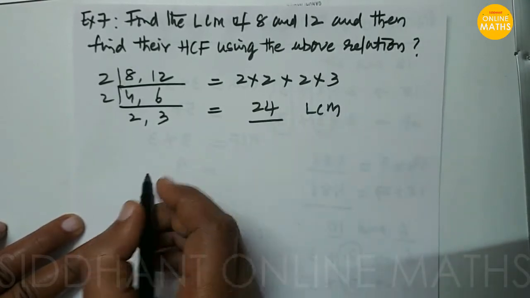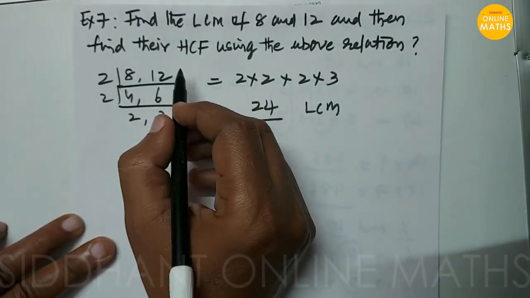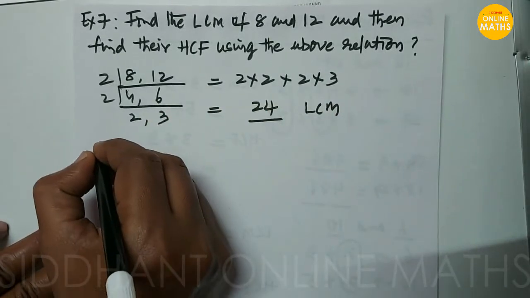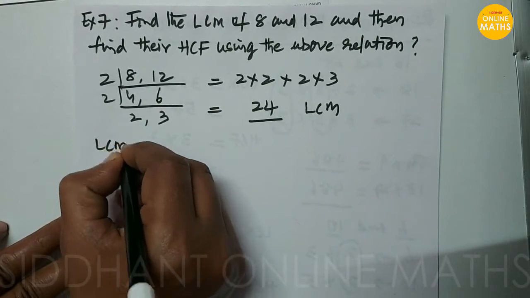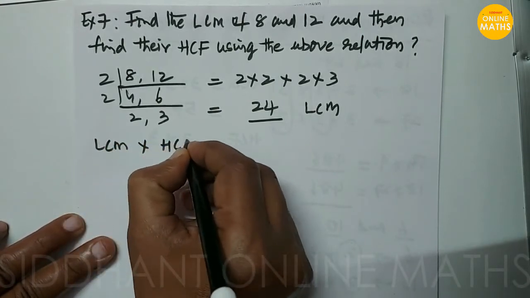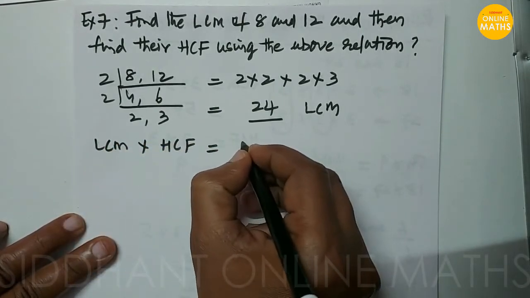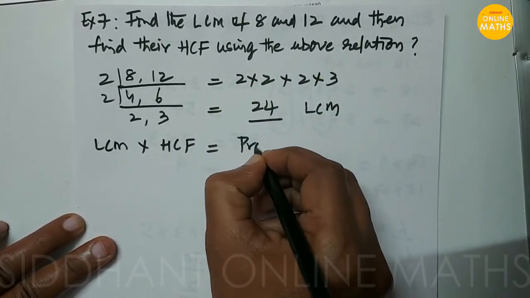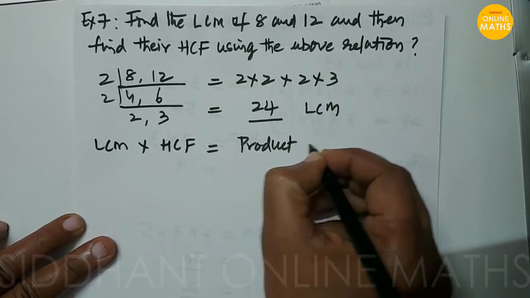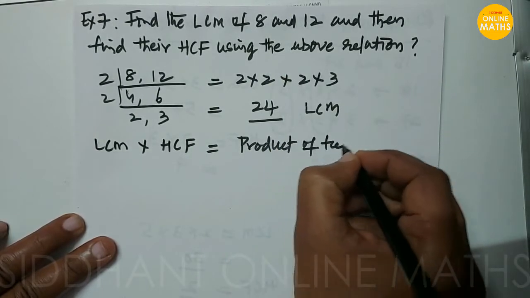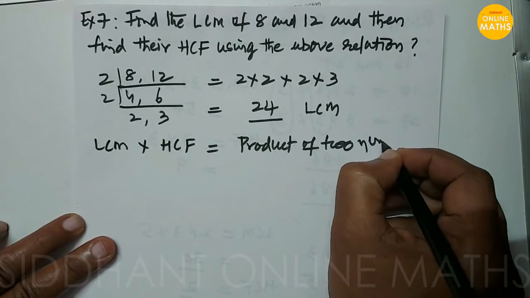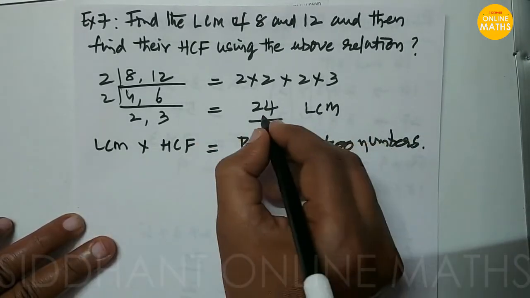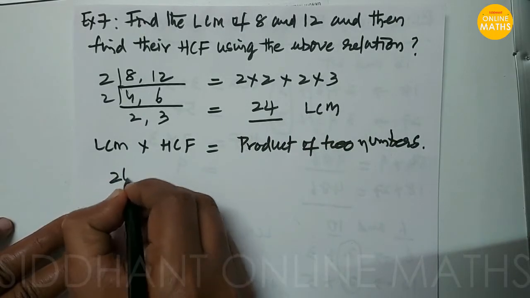Now in the question they asked to find their HCF using the above relation. So we know that the product of LCM and HCF is equal to the product of two numbers. Now we got the LCM here, that is 24.